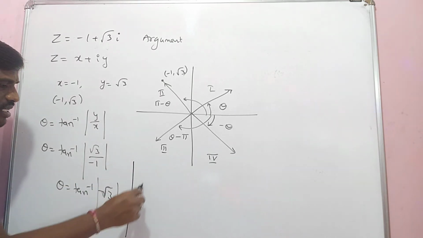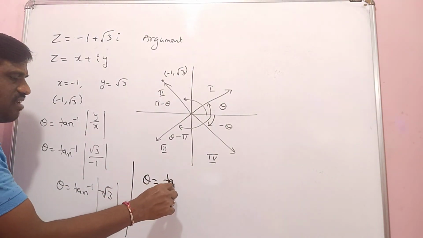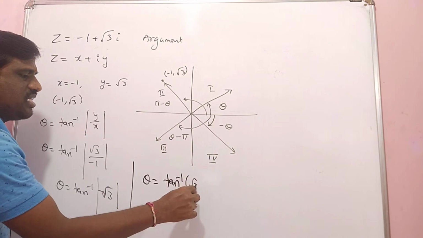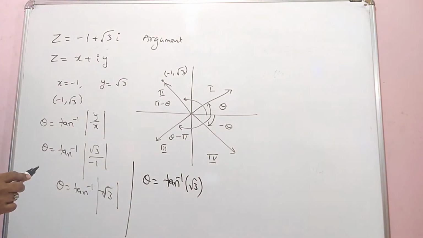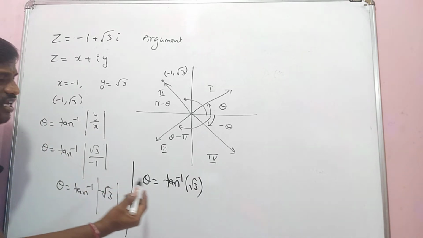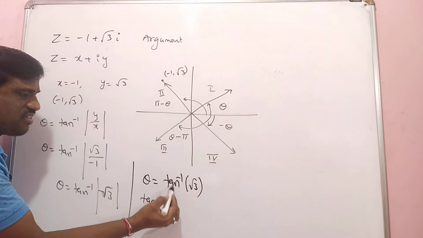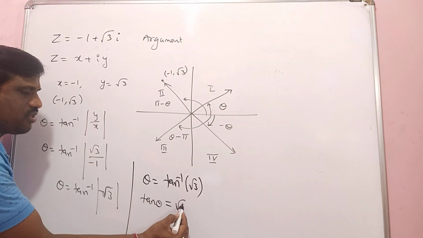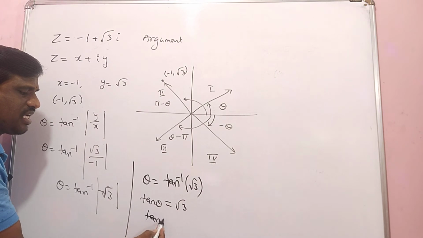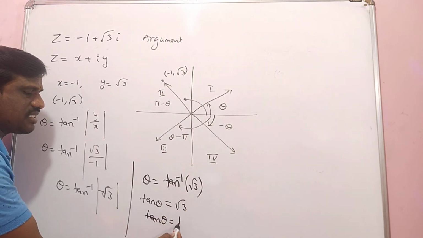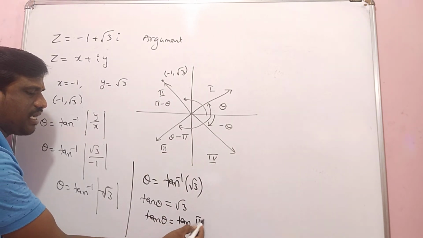So theta will be tan inverse root 3. Root 3, what is the angle? Tan of which angle is root 3? 60 degrees. If you don't know, consider tan theta equal to root 3. Tan theta is equal to root 3 when theta is pi by 3.